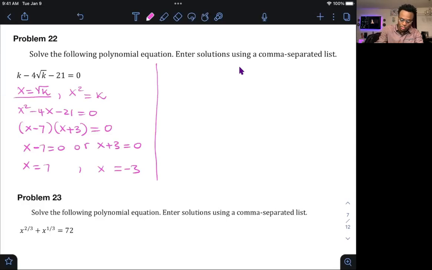So we would need to replace: square root of k equals 7. But the second situation is negative. Square root cannot be negative. Square root of a number will never be negative, just like absolute value. So that means this is rejected.